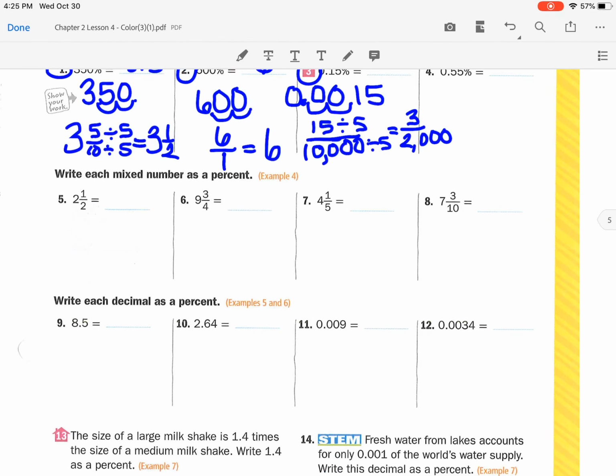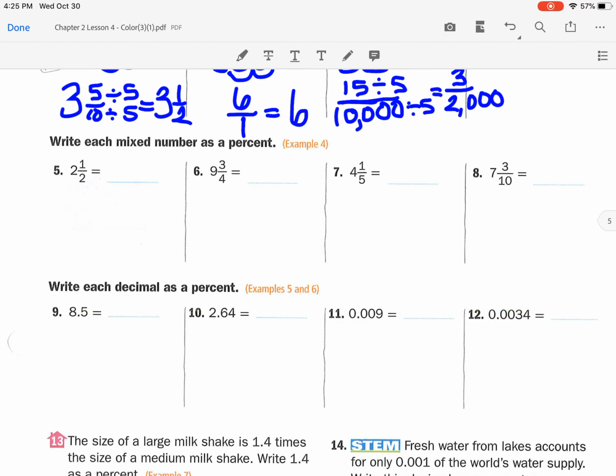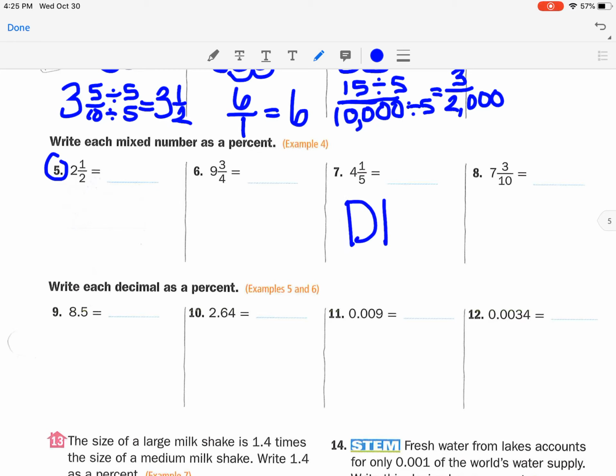All right, let's take a look at some of these. We're going to take a look at some of these fractions that are benchmark fractions. So I know when I look at number 2, we're going to write each mixed number as a percent. So I'm going to first write it as a decimal, and then I'm going to take that decimal and turn it into a percent. We're going to do DP this way, move it to the left 2, and this way we're going to move it to the right 2.